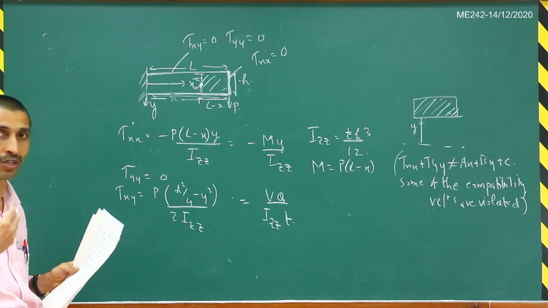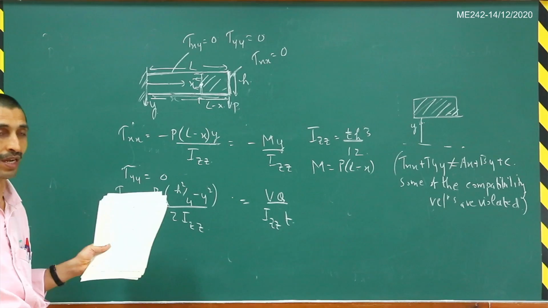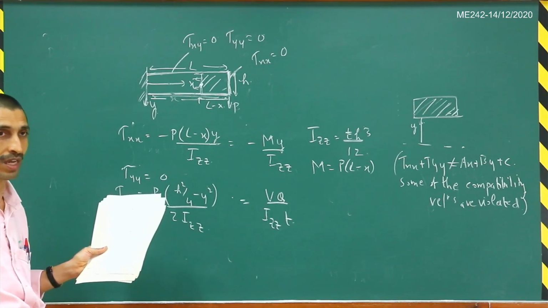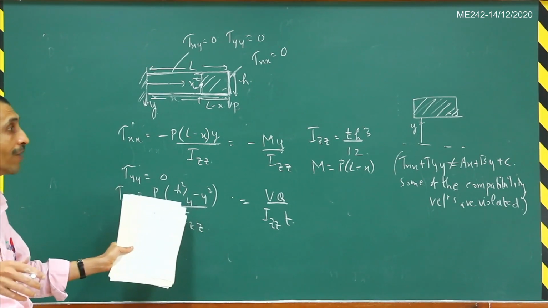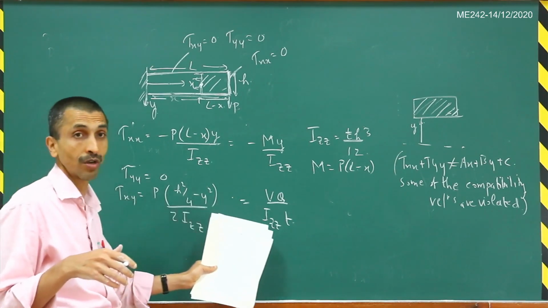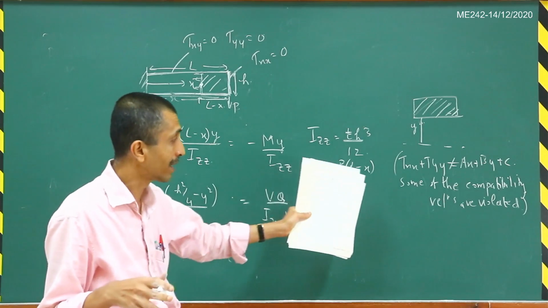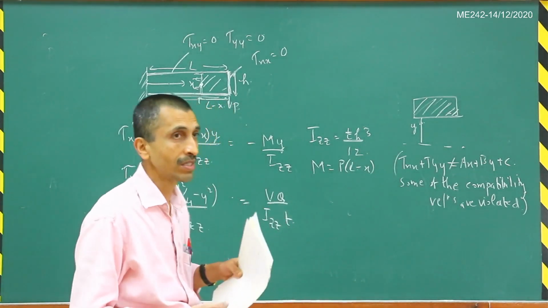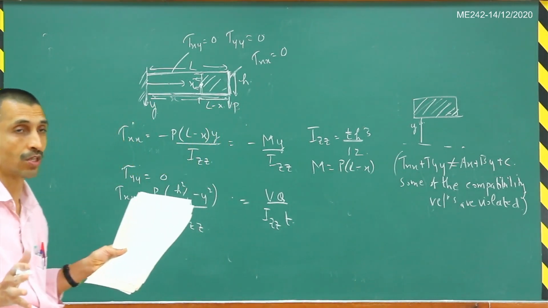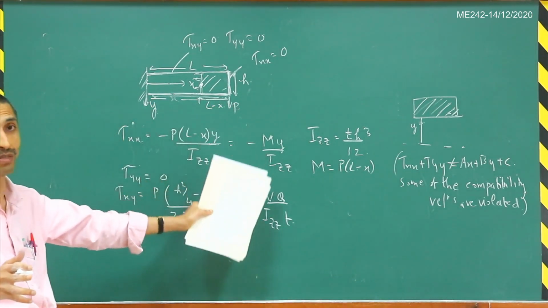So we are basically studying three levels of solution. One is your strength of material solution, where there are several kinematic assumptions that are being made. Then this solution is a plane stress solution, where you are making the assumption of plane stress, and that still violates some of the compatibility relations. And then towards the end of the semester, we will study a fully three-dimensional solution which doesn't make the assumption of plane stress.